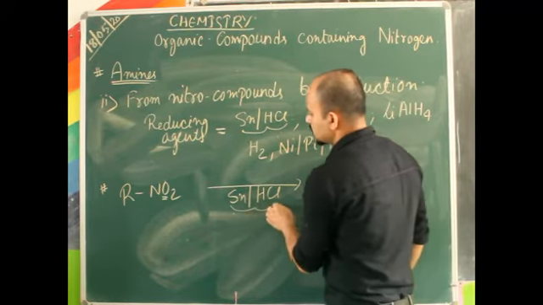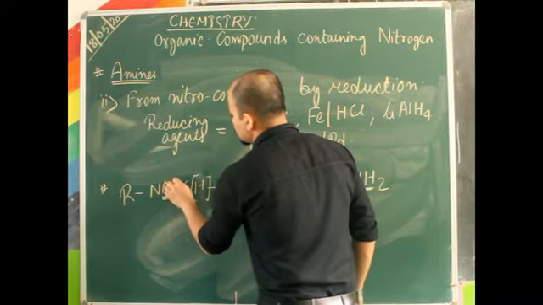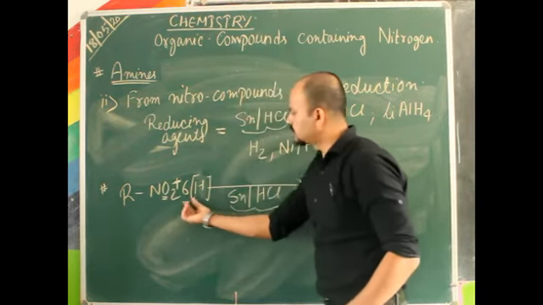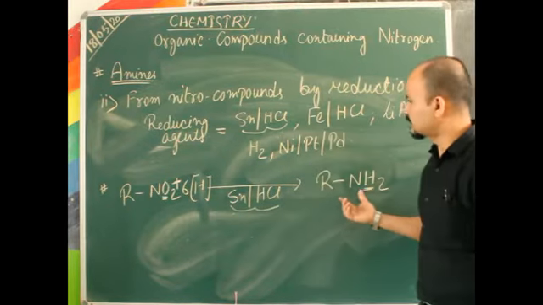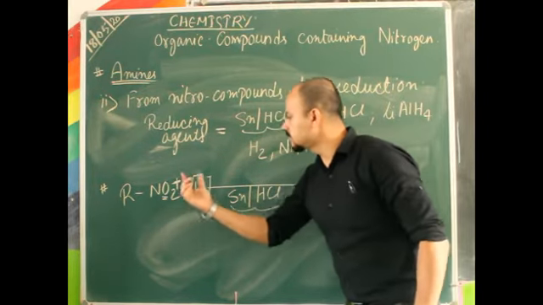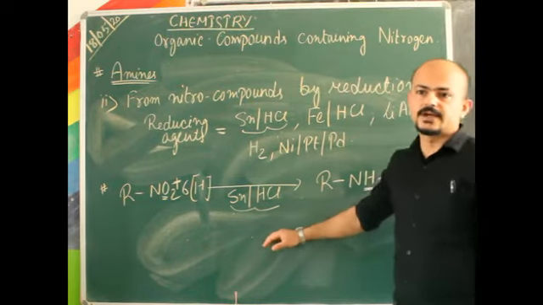Now this condition produces nascent hydrogen. And how many are used here? Here, 6 atoms of nascent hydrogen are used for reduction of this nitro compound to amines. So hope this reaction is clear.